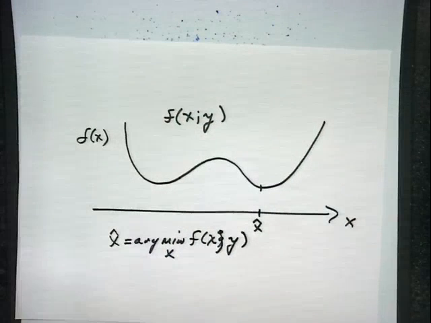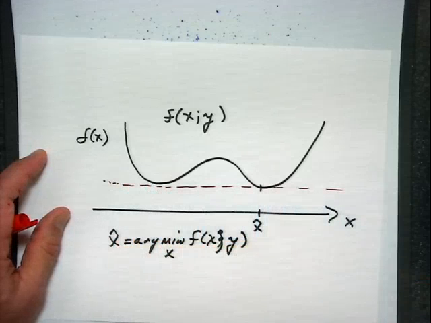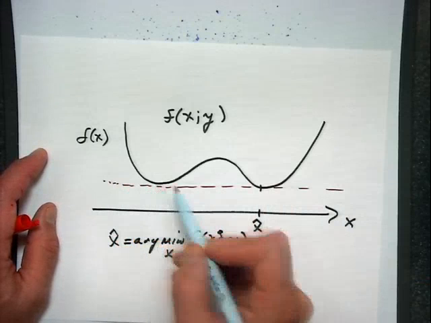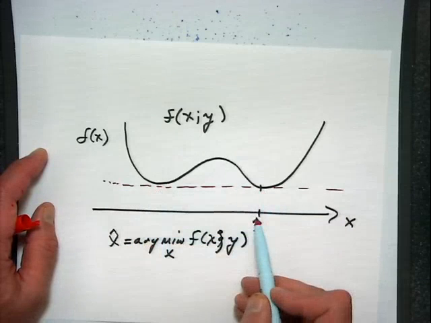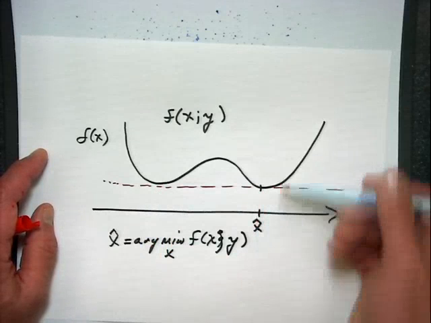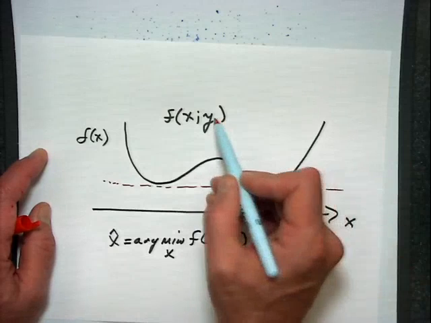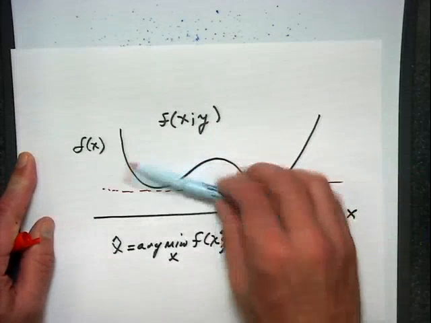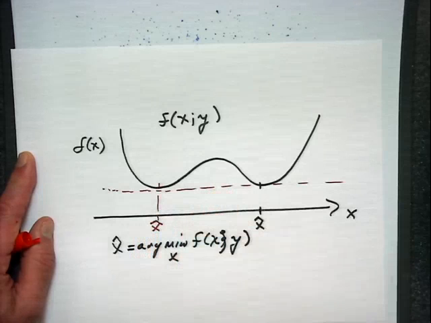Now, it could be that you have this cost function, and maybe this minimum here is very close to the value of this minimum. So the argument that achieves the minimum is very different, but the value of the function at those two positions could be very close. So now, if we just change y ever so slightly, this thing might tilt a little bit, and when it tilts, all of a sudden the minimum could fall over here.